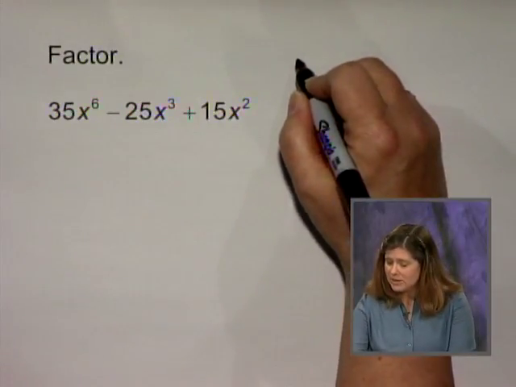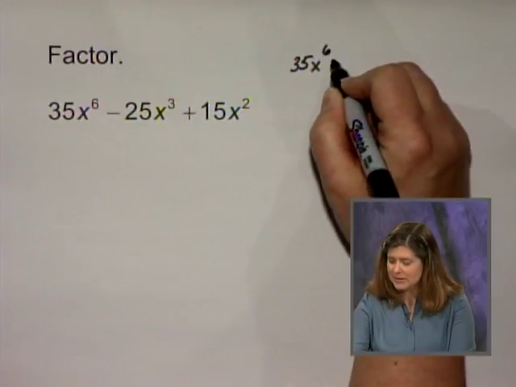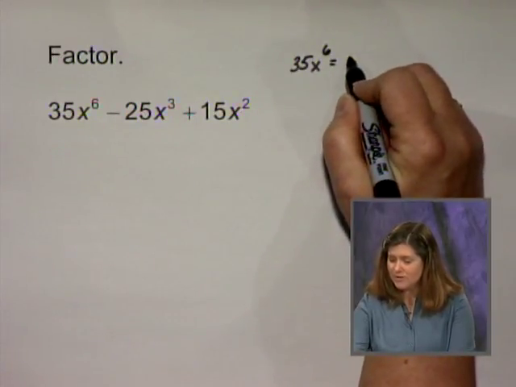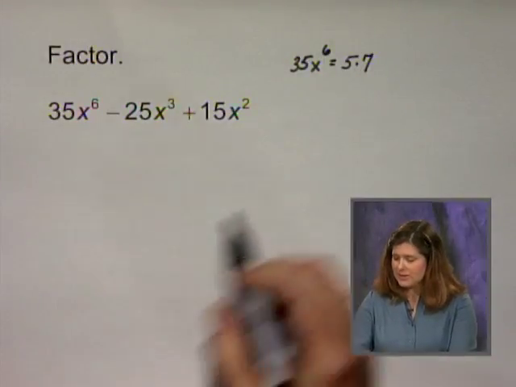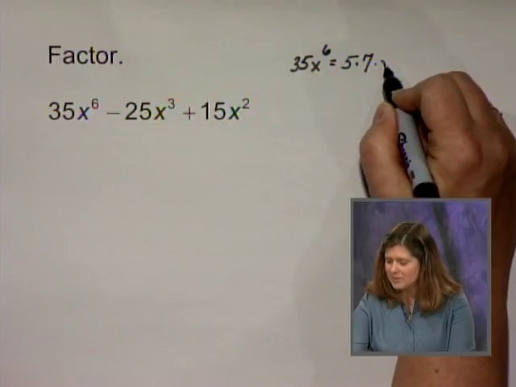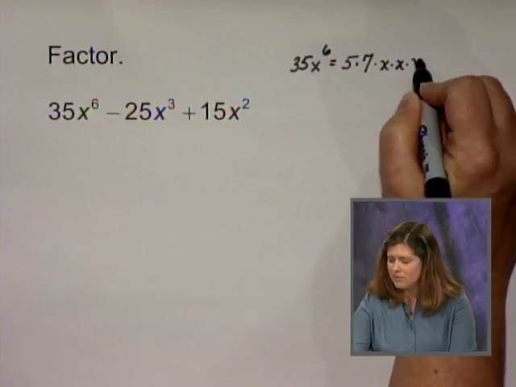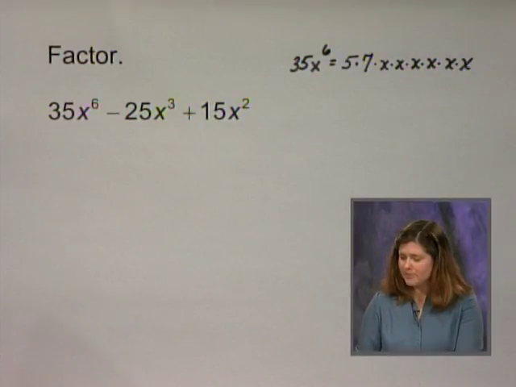The prime factorization of 35x to the 6th is: 35 can be written as 5 times 7, and then x to the 6th means I have six factors of x: 1, 2, 3, 4, 5, 6.